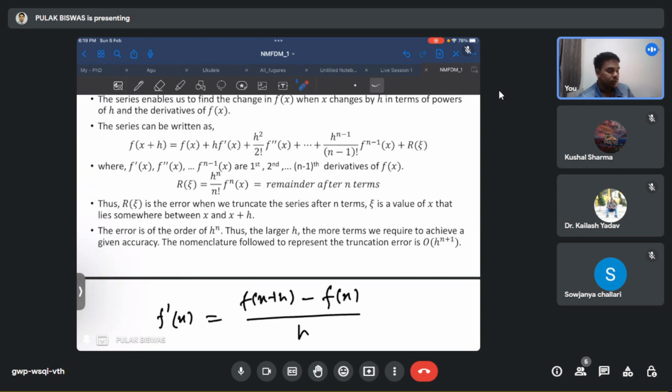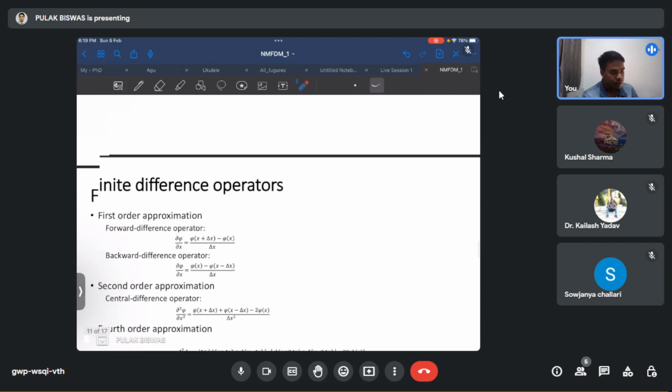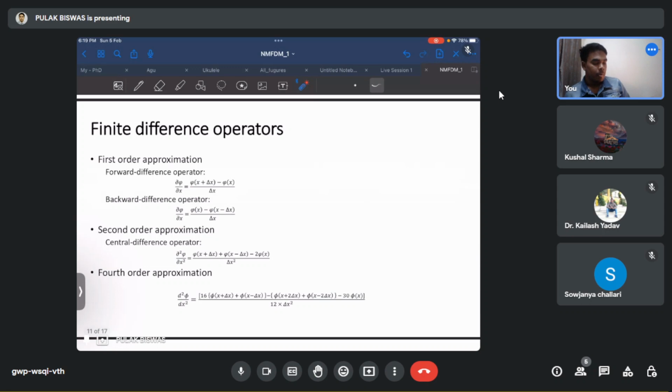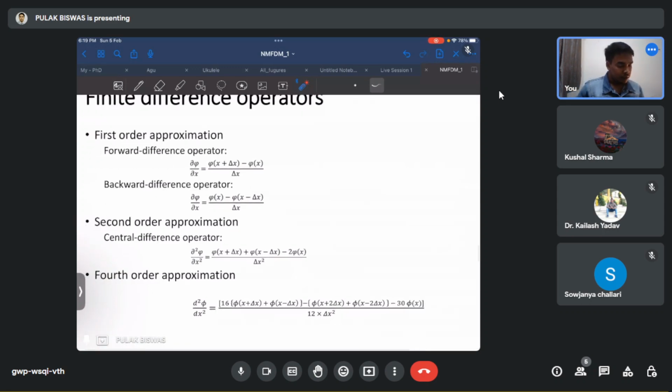So in this way the derivative can be approximated. Here are different finite difference operators that are used, the standard ones, like this one. For the first order approximation, if we want to represent the first derivative, we can use either the forward difference operator or the backward difference operator.